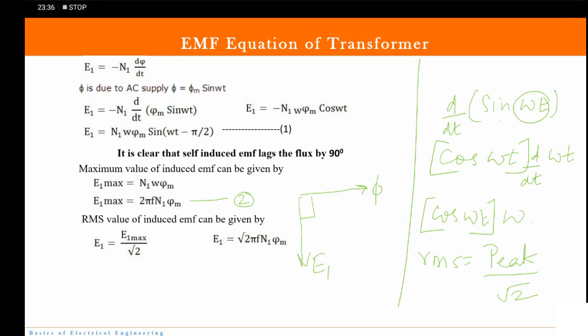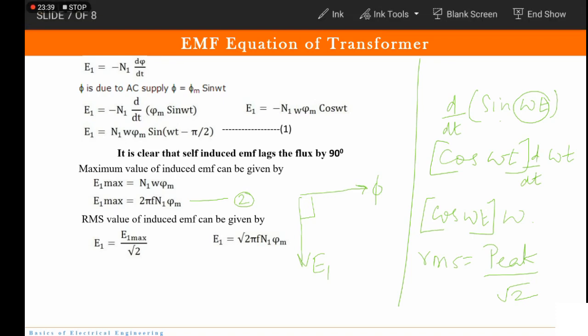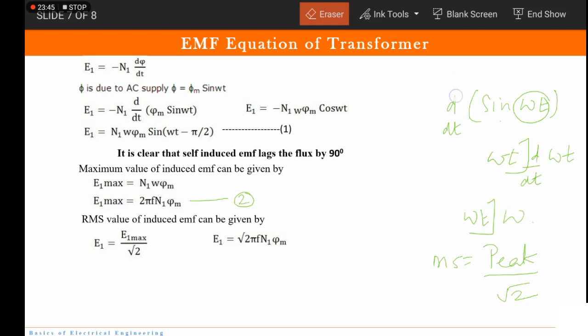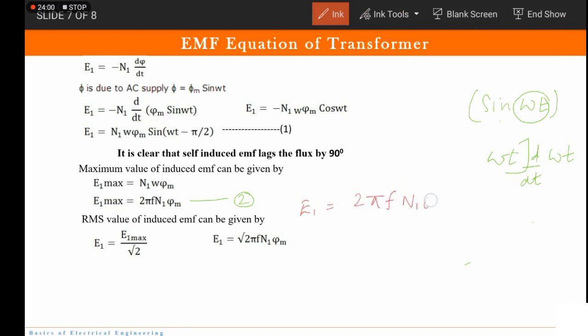How did we get that? Let me just erase this. So E1 would be E1 max by root 2, right? So we have 2 pi f N1 phi m upon root 2.